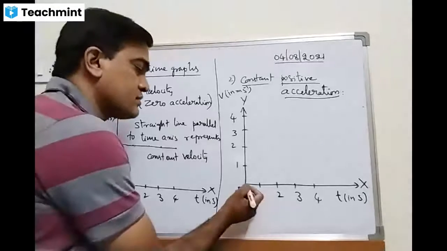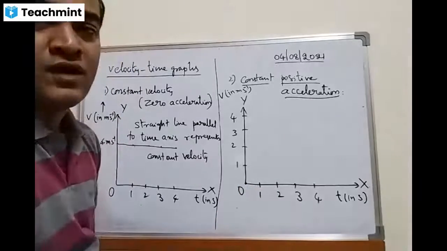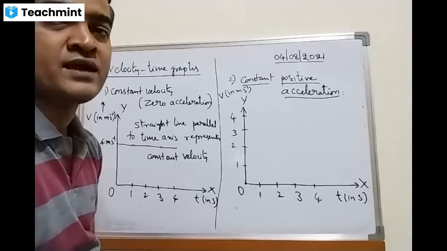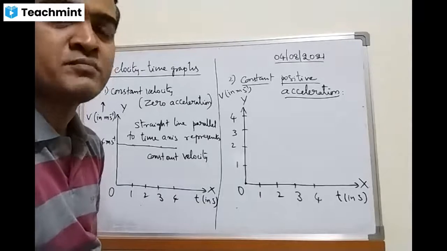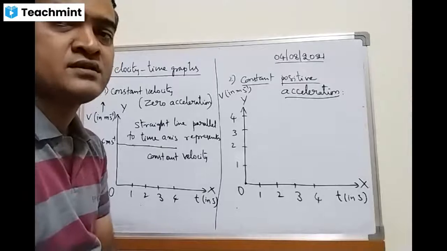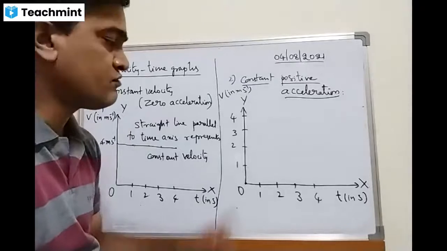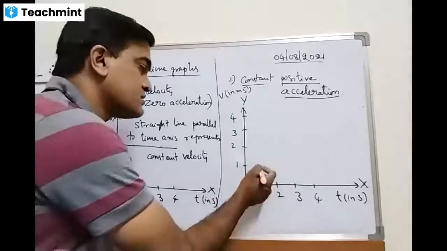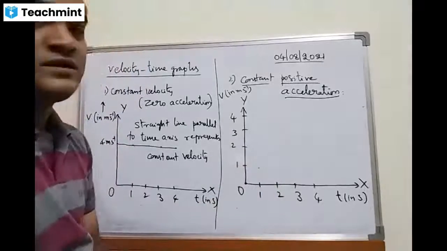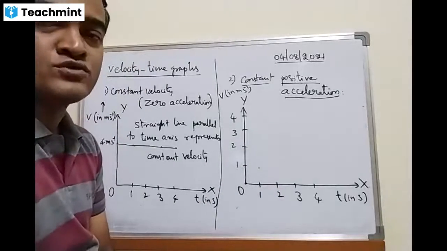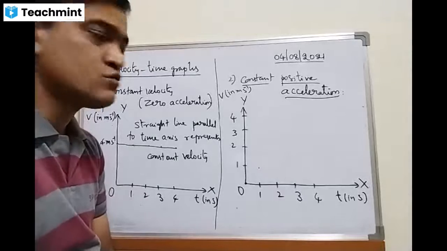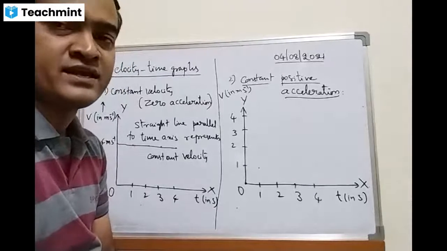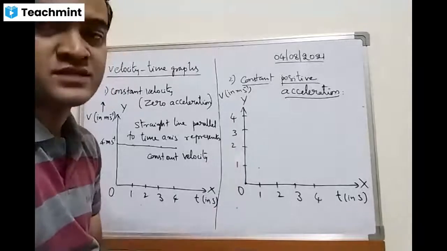So the point will be here. Now, after a time of 1 second, let's say the particle's velocity is 1 meter per second. The particle has achieved a velocity of 1 meter per second in 1 second. So you'll get a point like this, right? And after 2 seconds, let's say the velocity of the particle attains 2 meter per second.